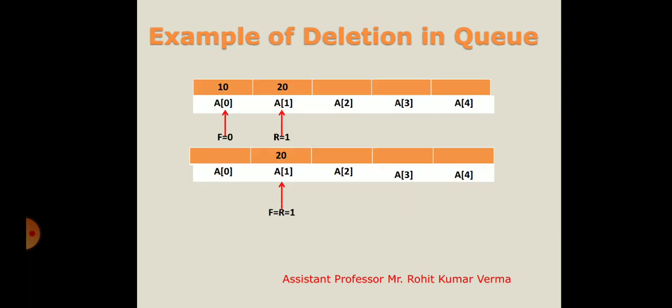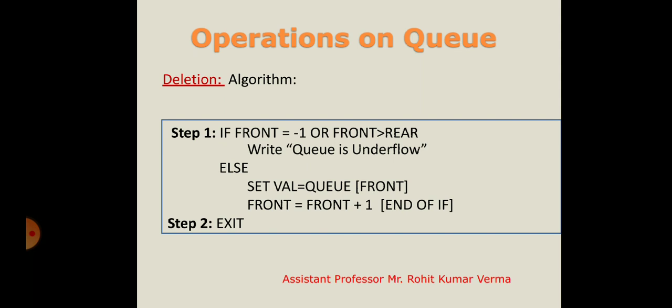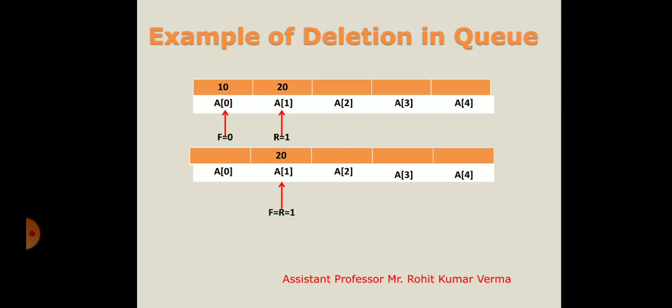Second thing that you can see, dear students, if the Q is not empty, this means that you can delete an element from the Q. So in this image you can see, whatever I am telling you, in the first Q our front pointer is at the 0th location and our rear pointer is at the first location.